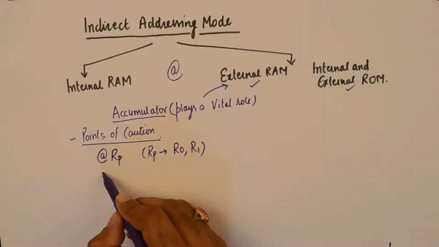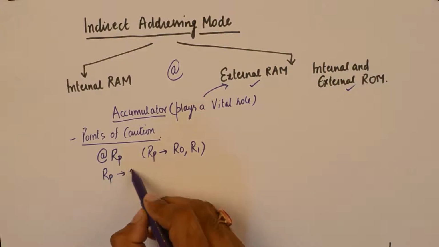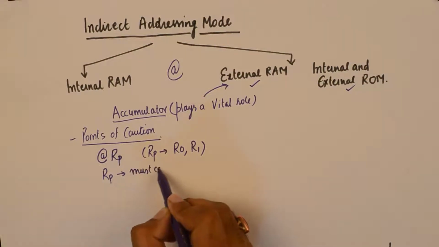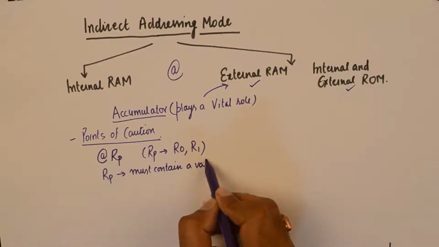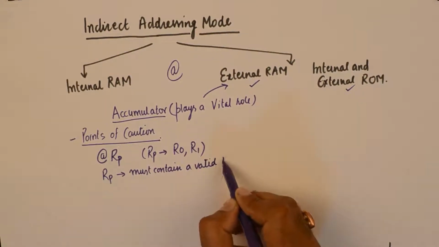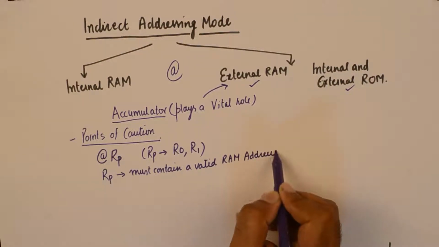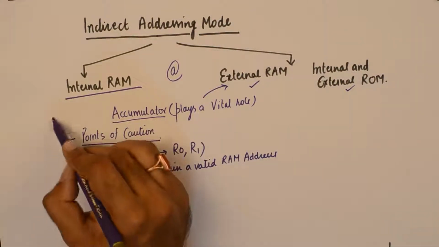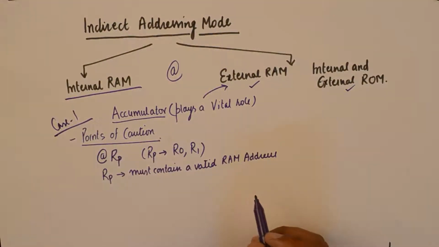And the second point of caution is RP must contain a valid RAM address. Please understand, we are doing the first case of indirect addressing using internal RAM.